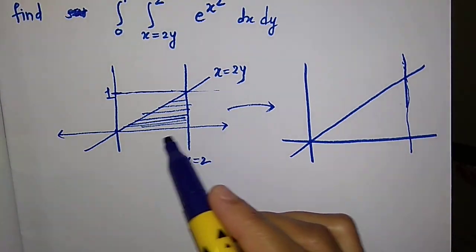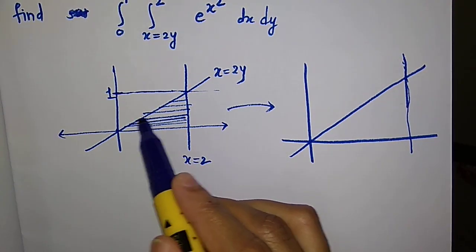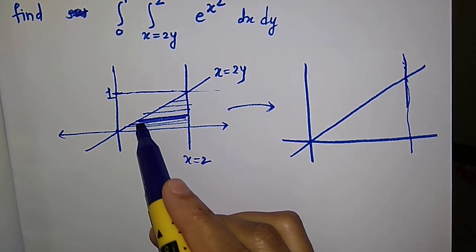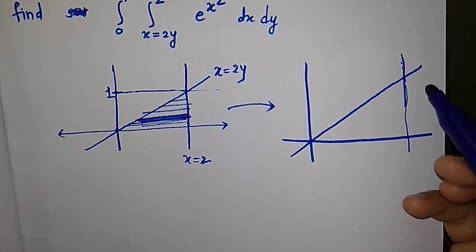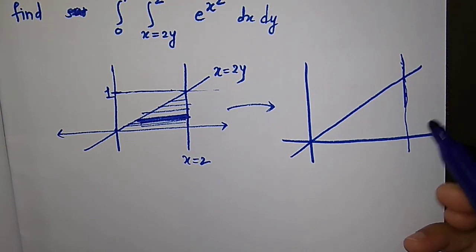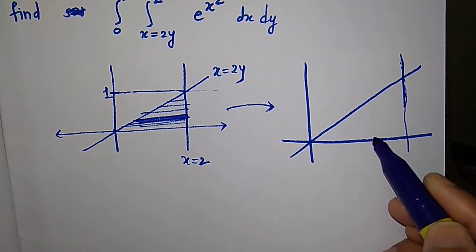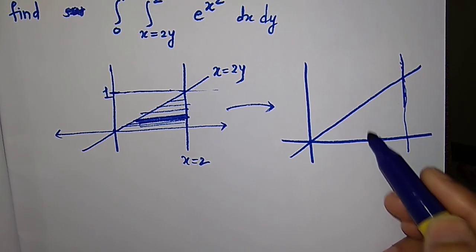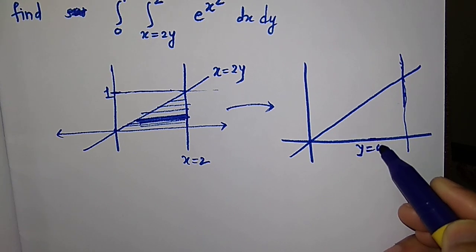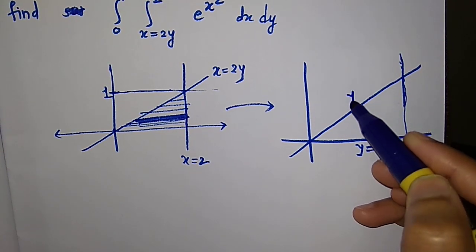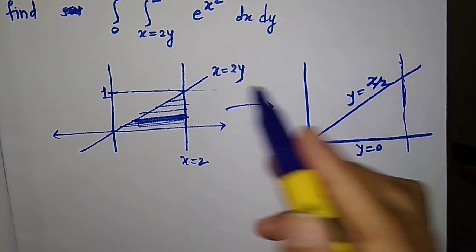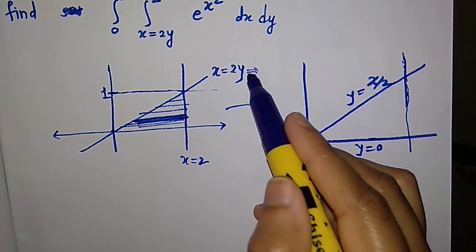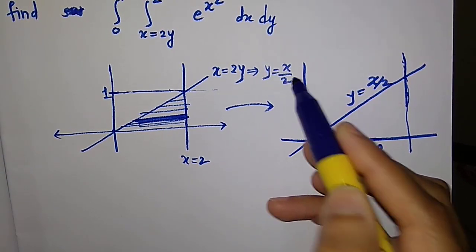Here x is varying from 2y to 2, that means x is from left to right. So take the limits of y here. Now this is the equation of y. So y is varying from 0 to, this line is y is equal to x by 2, because x equal to 2y means y is equal to x by 2.